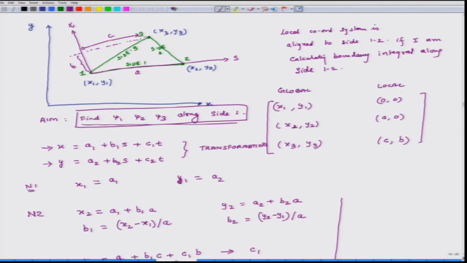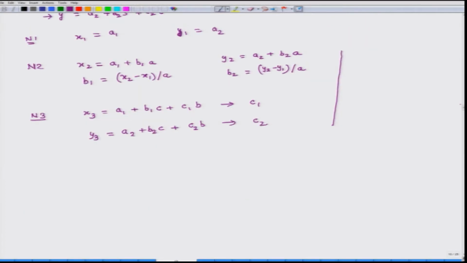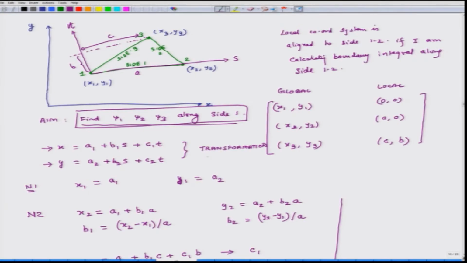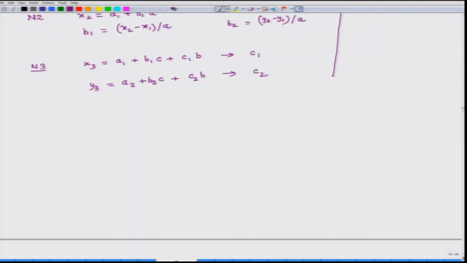So, for that purpose we will use a different coordinate system, a local coordinate system with coordinates s and t, and the transformation between x and y coordinate system and s and t coordinate system is given by these relations, and we had figured out the values of a1, b1, c1, a2, b2, c2 and so on and so forth.